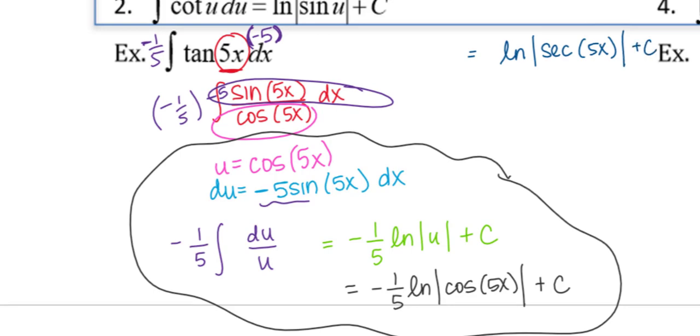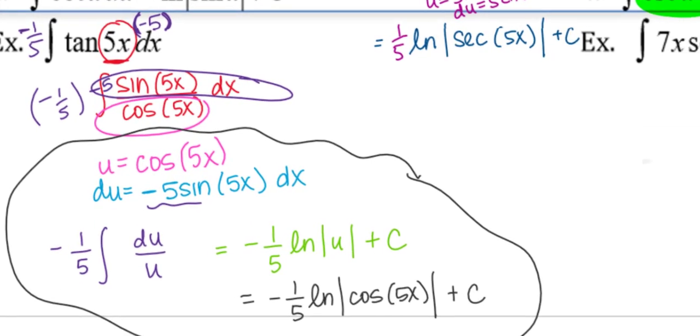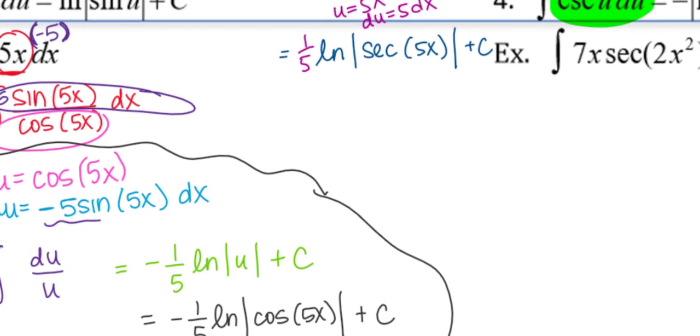So I would have to say, oh, in that case, u is 5x, so du is 5 dx, so I would have to multiply in a 5 and out a 1/5, and that's where that positive 1/5 would come from. Again, if you have to multiply by 5 for the derivative, you're going to end up having to divide by 5 for its antiderivative. So a couple different ways you can write that.